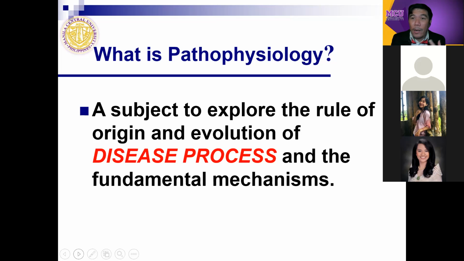Because if you're aware of the normal physiologic process, you can connect it with deviations and align it based on the results of diagnostic exams, the patient history, and other findings that support the pathway of how the patient led to this definitive diagnosis.